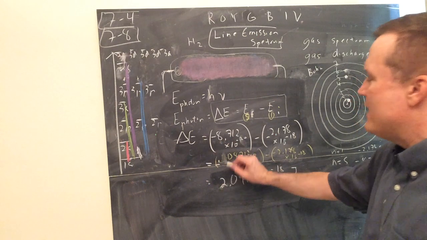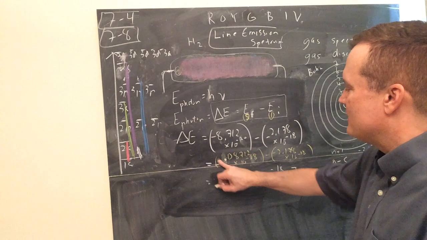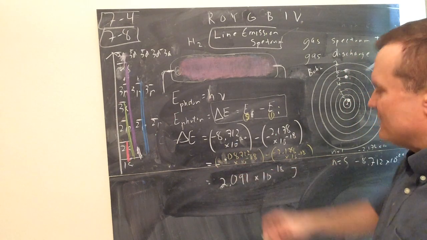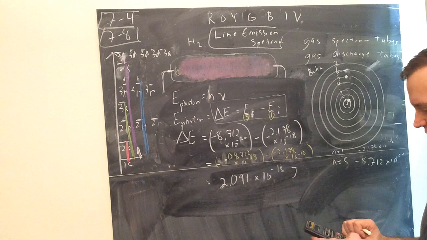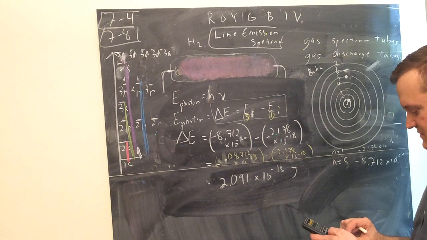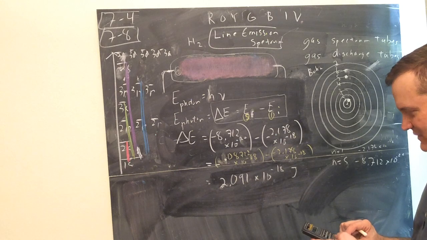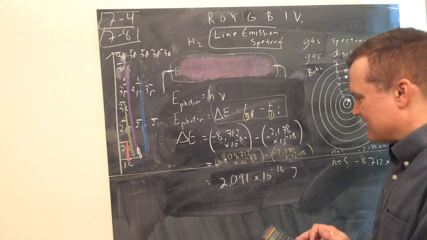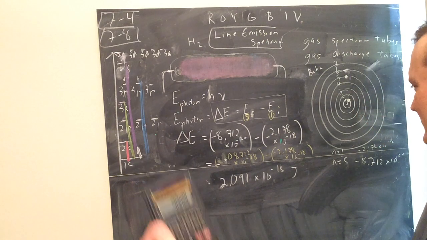I wrote 0.08, that's why I got it wrong. I typed the number in wrong. This is tedious math, you can see. Now I get the correct answer, 2.090.